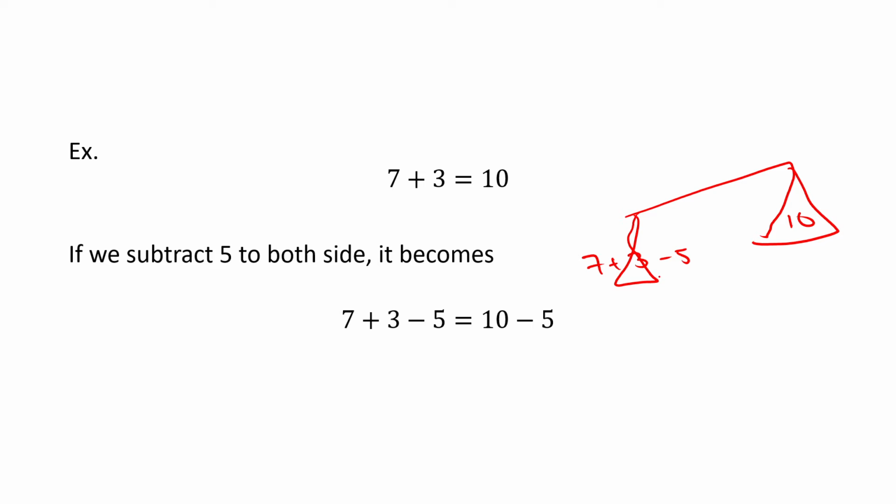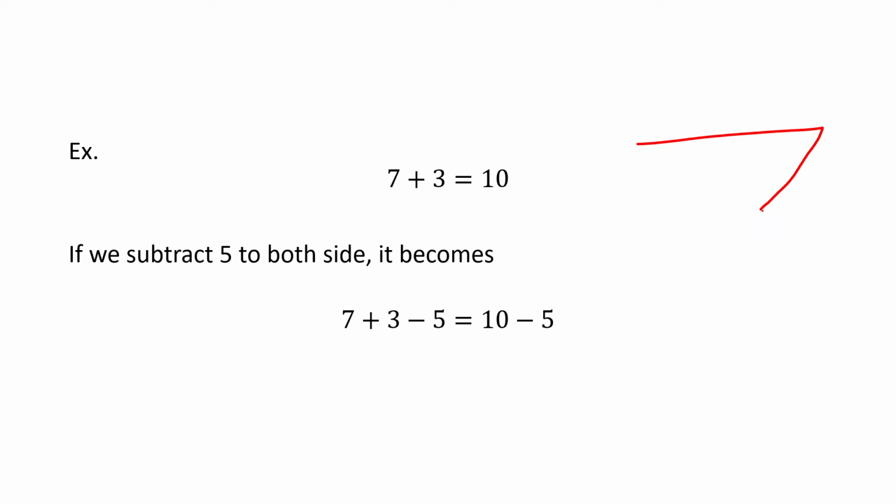If you subtract 5 on only one side, one becomes lighter and the other one becomes heavier. But if you subtract on both sides of the equation, the equation remains stable, and that's what we want. We want our two sides to be equal to one another.